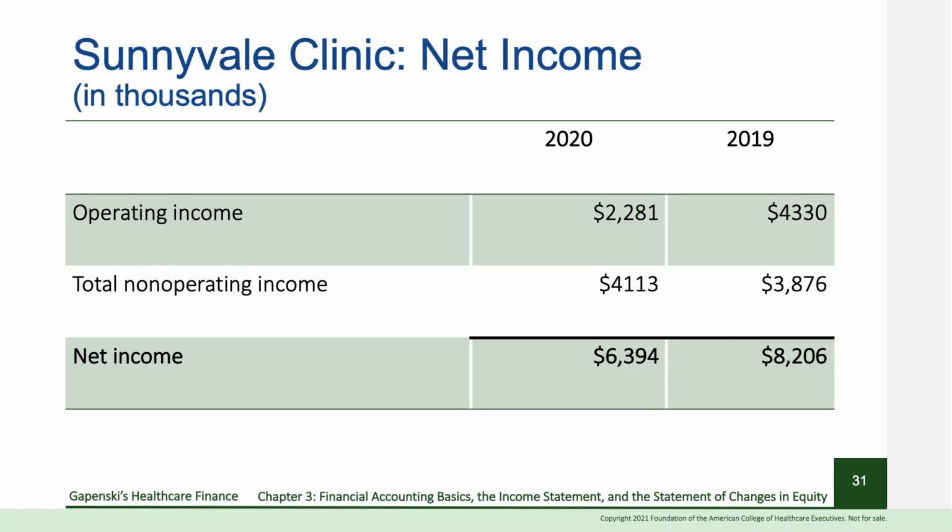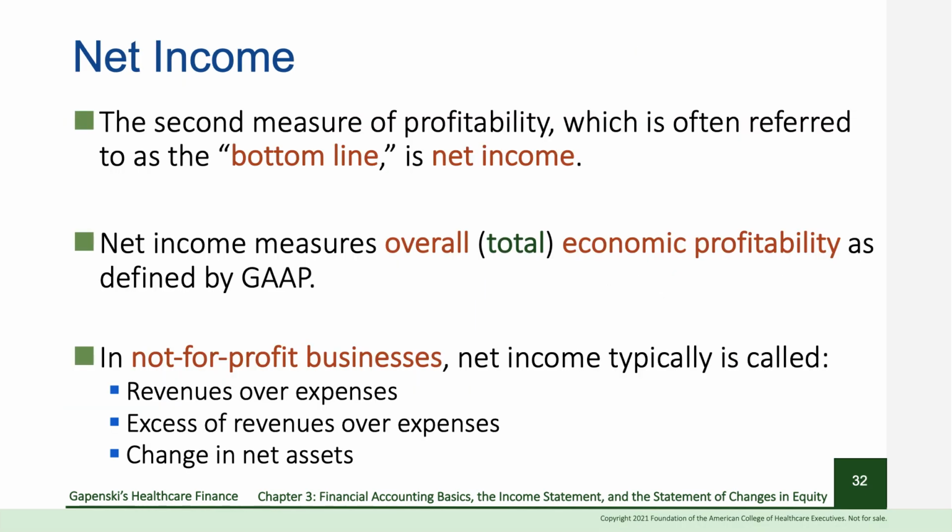So the Sunnyvale Clinic's net income is a total of operating income and total non-operating income. So as you can see, the net income is approximately $6,000 for 2020 and $8,000 for 2019. Now the second measure of profitability, also called the bottom line, is the net income, which we just saw on the previous slide.